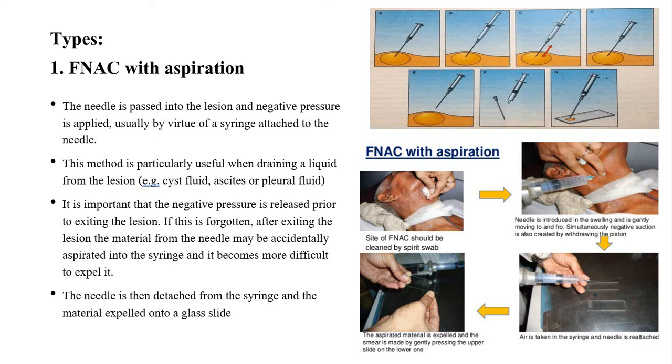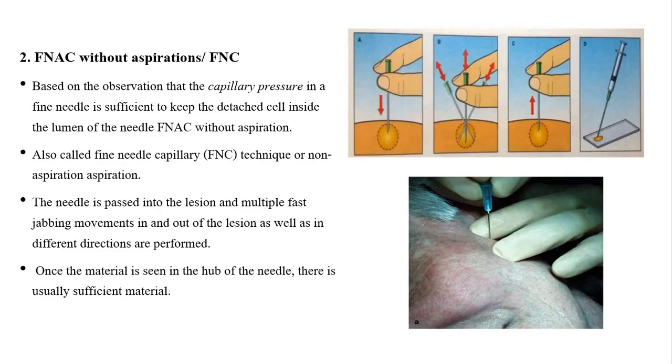It is important that the negative pressure is released prior to exiting the lesion. If this is forgotten, after exiting the lesion, the material from the needle may be accidentally aspirated into the syringe and it becomes very difficult to expel it. The needle is then detached from the syringe and the material is expelled onto a glass slide.